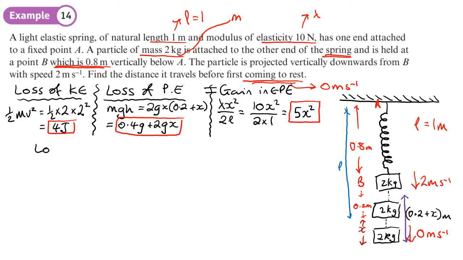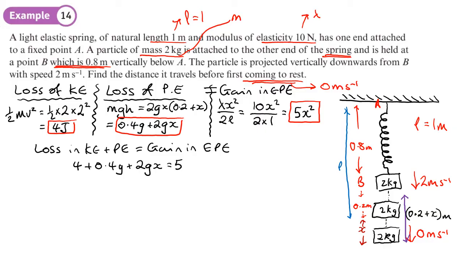So a loss in KE and PE equals gain in elastic potential energy. So now we can write, and all of these are joules by the way, I put joules just for KE, but they're all joules. So that's going to be 4 plus 0.4g plus 2gx equals 5x squared.